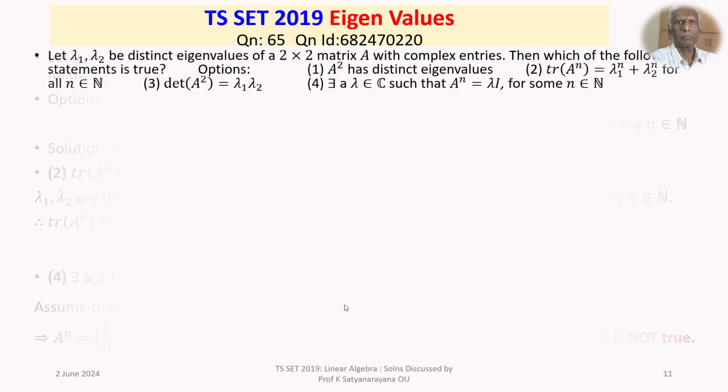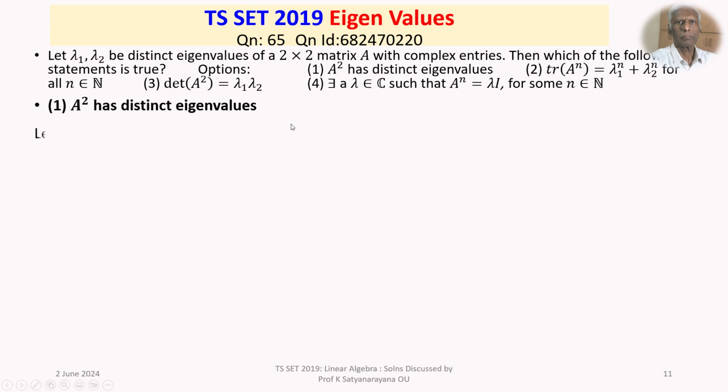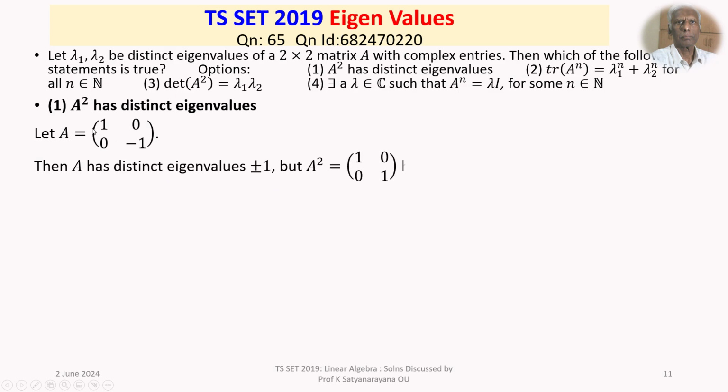Let's move to the other options. Option 1, A square has distinct eigenvalues. For that, again, we take a counter example. Let A be 1 0 0 minus 1. And what are the eigenvalues of this one? The eigenvalues are plus or minus 1, because it's a diagonal matrix.